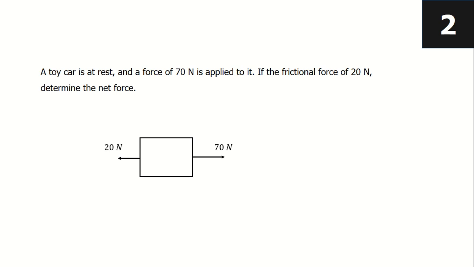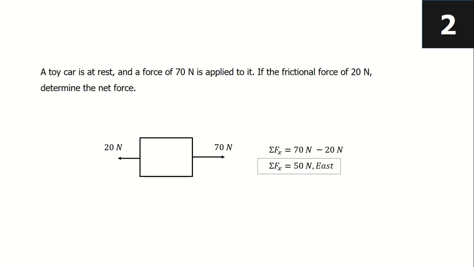Although it is not stated in which direction the 70 and the 20 newton forces are directed, we will assume that the applied force is directed to the east, while the frictional force is in the other direction. So here is the free body diagram.